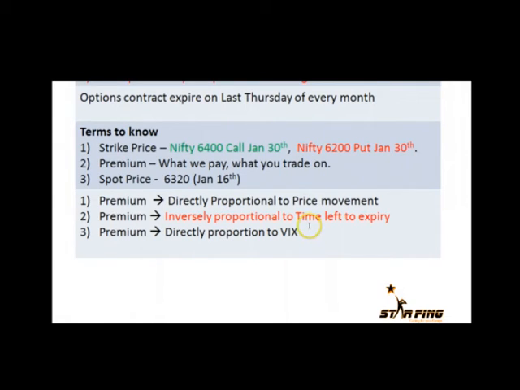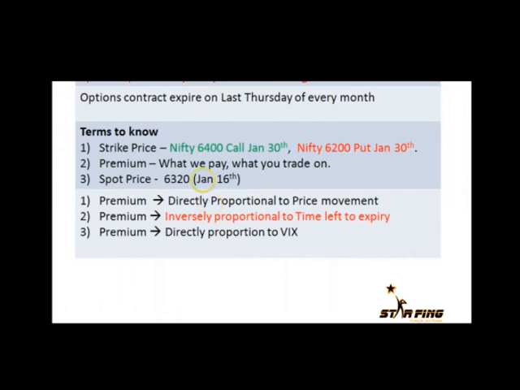If the volatility is coming down, or the markets are tending to stay flat, you can expect the premiums to drop. So these are the three factors on which the premium depends, and it also depends on the buyers and sellers in the market. Ultimately they decide the price.